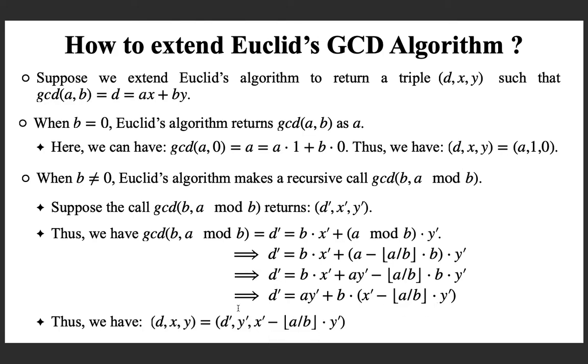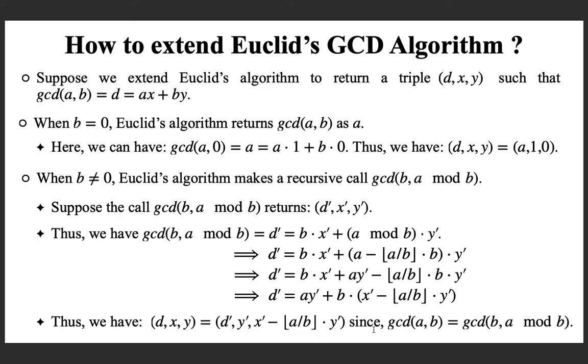Thus we have dxy, which is what we need to return from the Euclid's algorithm. In terms of this triplet, we can have dxy as d prime, y prime, and this quantity. Why?